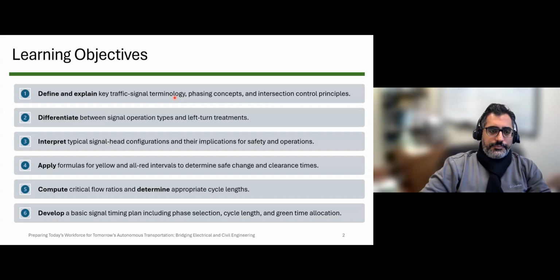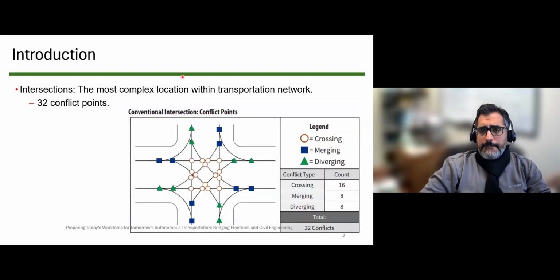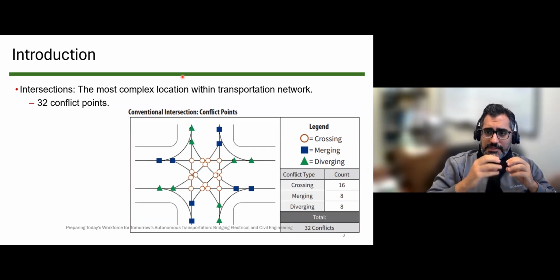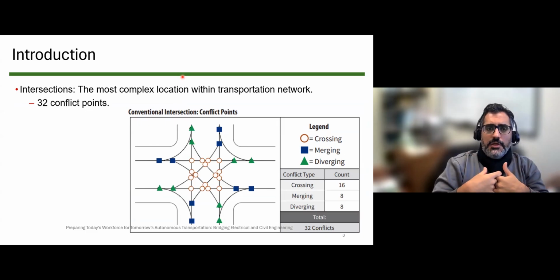With that being said, why are intersections important, why are we specifically talking about control of intersections? Because intersections are the most complicated, complex location within a transportation network. The reason is the number of conflict points.